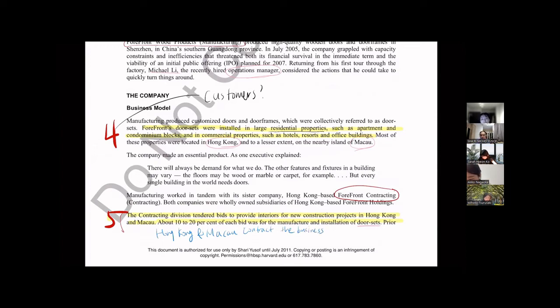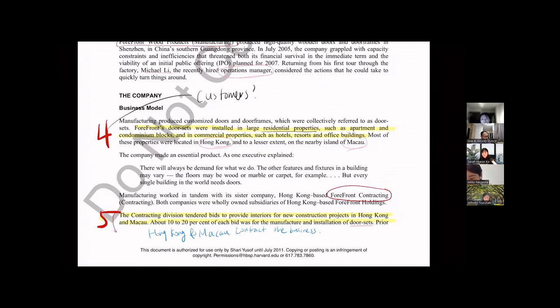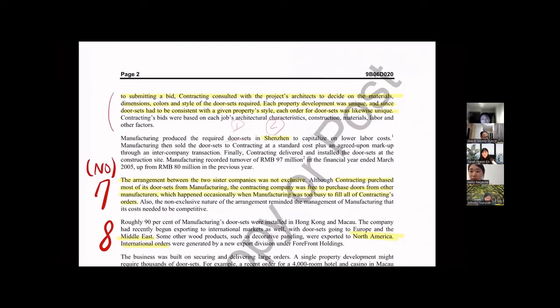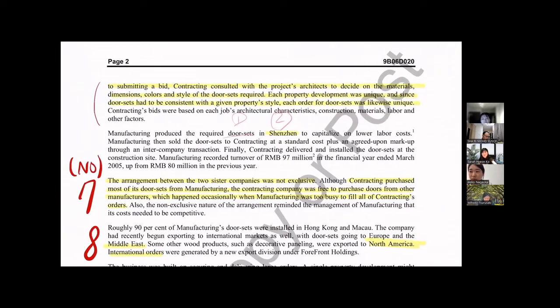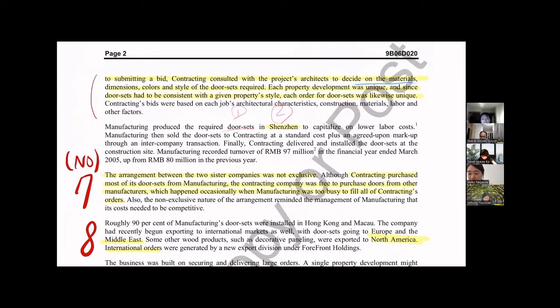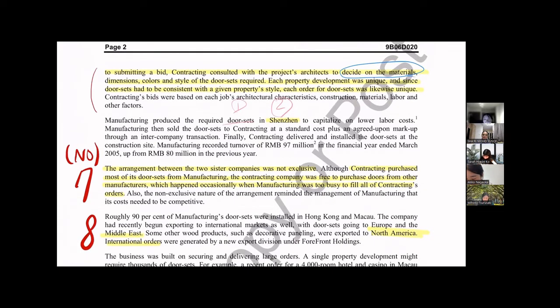Only 10% of the business is actually related to door sets, and the rest is they decide on the materials and so on. And the next paragraph also explains their business process.